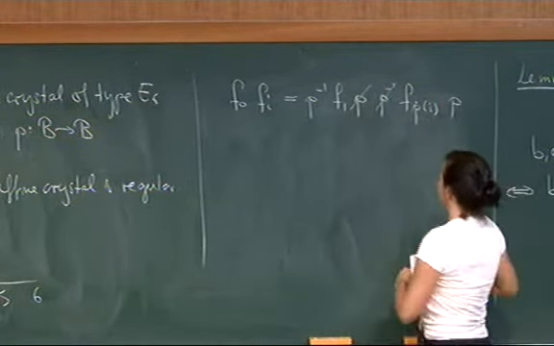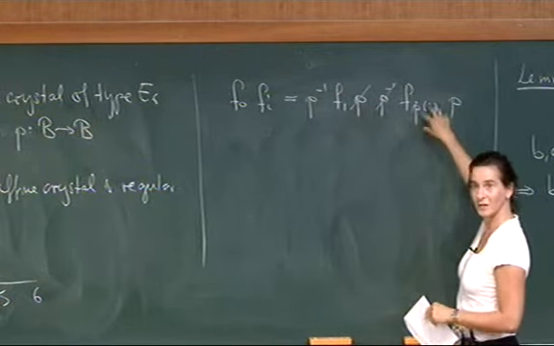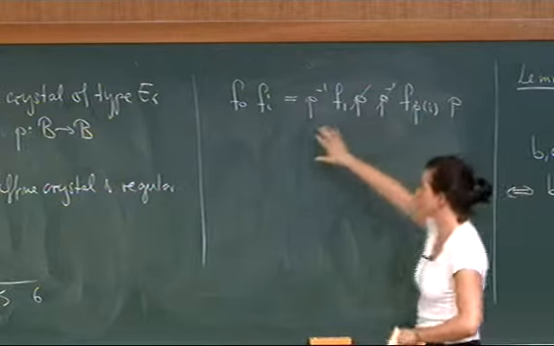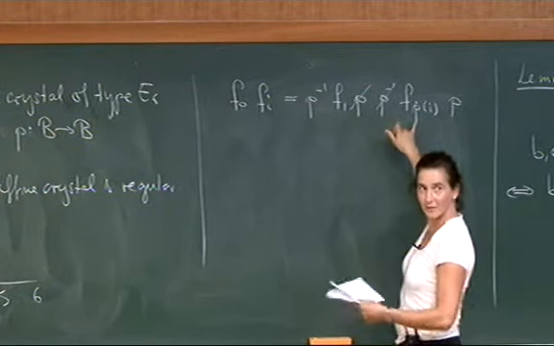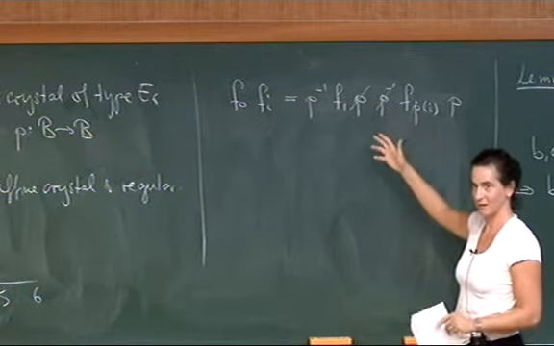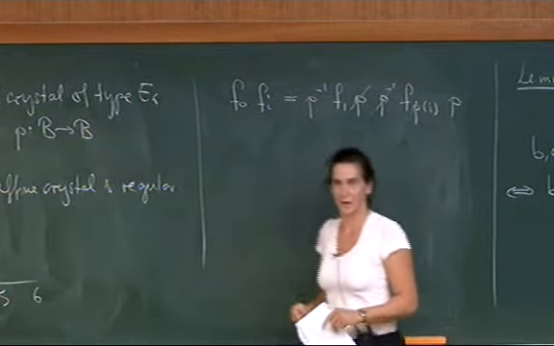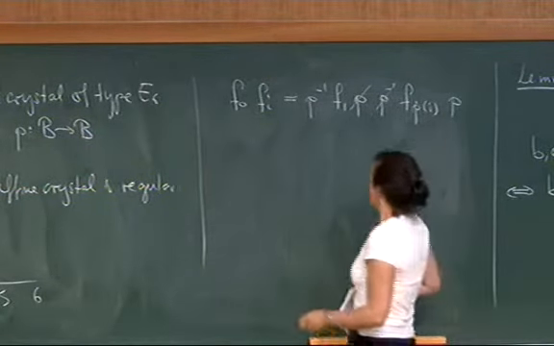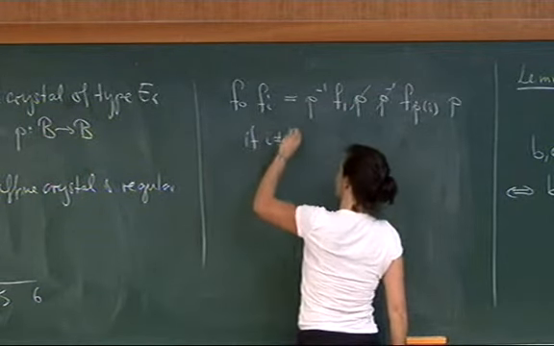If i was not equal to 6, this is not 0. And since F1 and whatever Fj you have come from a classical crystal, the commutation relations are fine. Okay, so this is if i is not equal to 6.